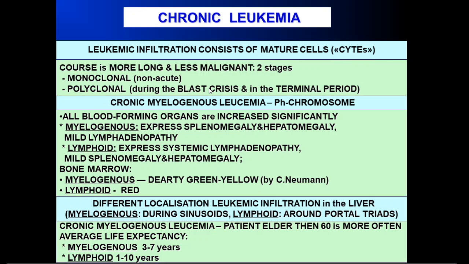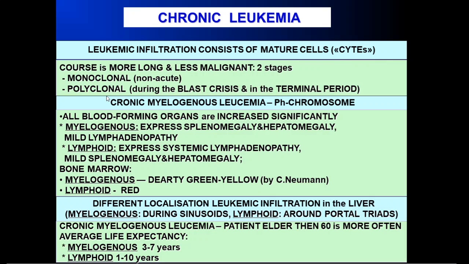What does it mean, blast crisis? I hope it's clear, but I give a short definition. Blast crisis is the appearance of blasts in chronic leukemia. When we have blasts, according to the terminology, this is acute leukemia. So, blast crisis of chronic leukemia is like a final stage when chronic leukemia becomes acute.